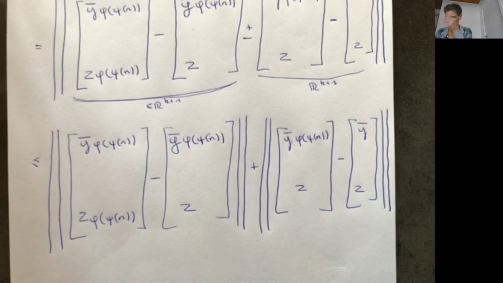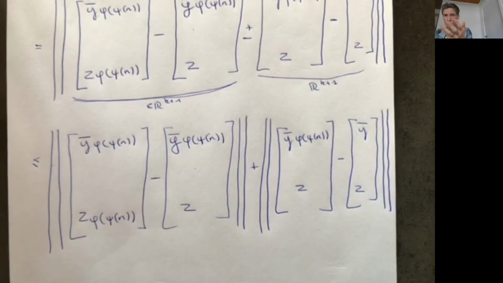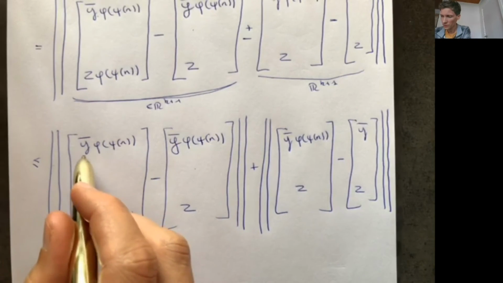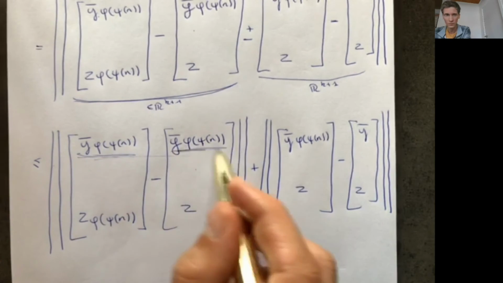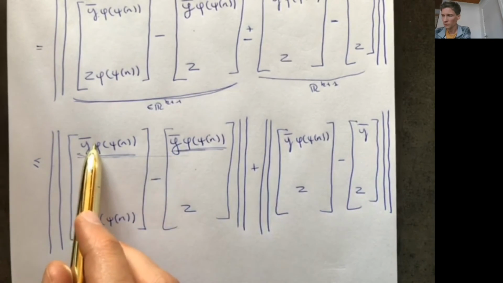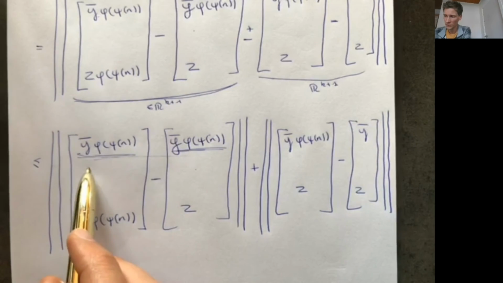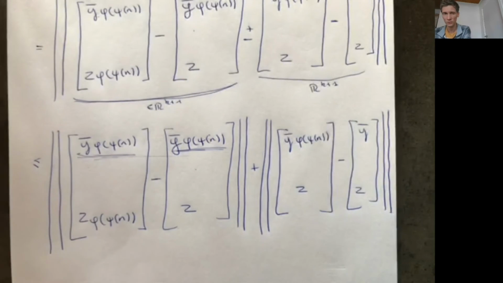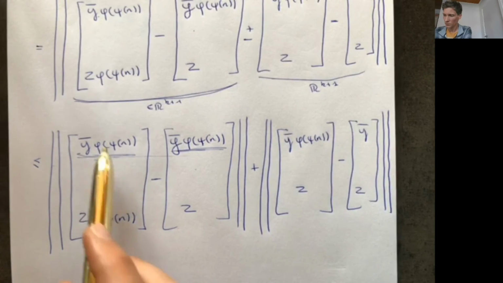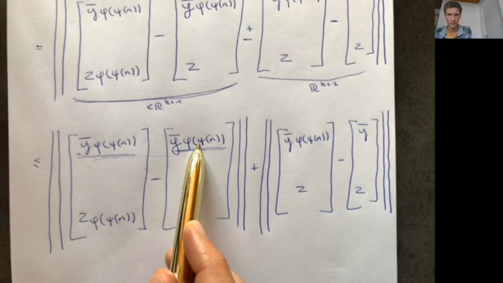Okay. So if you would write this out, so this is the norm, right? So it's the square root of a sum of squares, and the squares are taken over the element-wise difference between this vector and this vector, right? The first element of this vector minus the first element of this vector squared, plus the second element of this vector minus the second element of this vector squared, plus so on and so on. So all of these differences will be 0, right? Because this vector is the same as this vector.